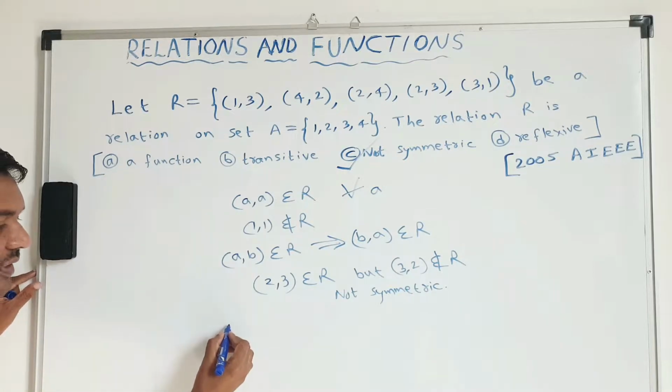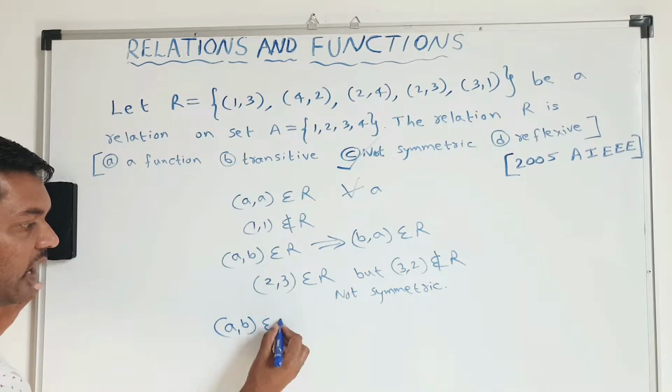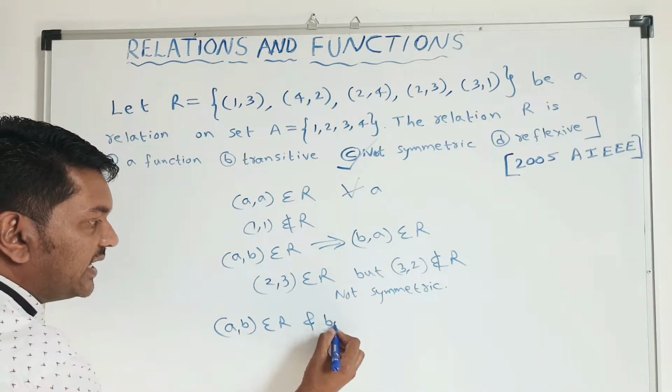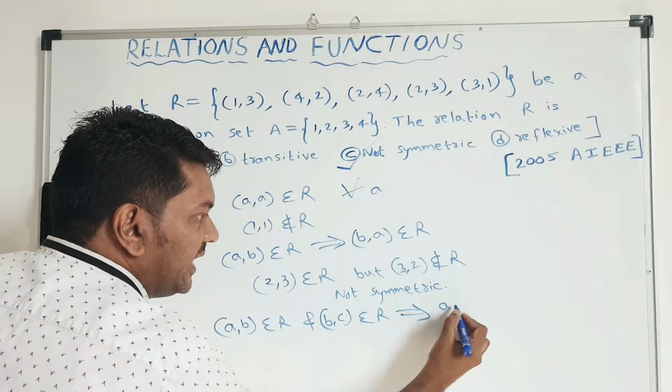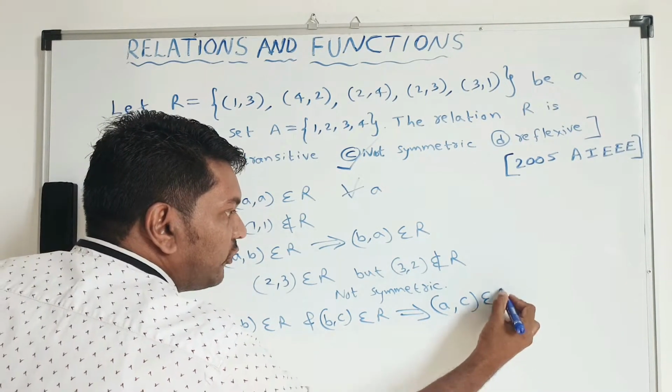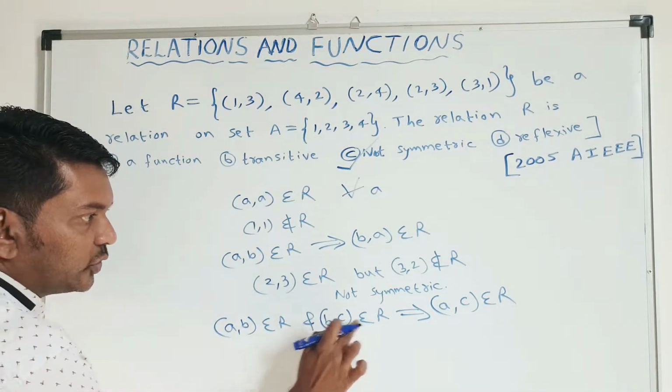For being transitive relation, what is the condition? If (a, b) is an element of R and (b, c) is an element of R, this should imply (a, c) is an element of R. This a and c should be related.